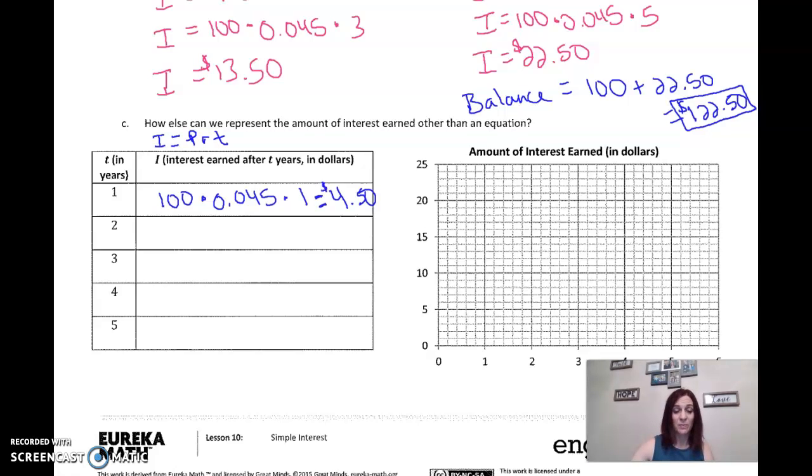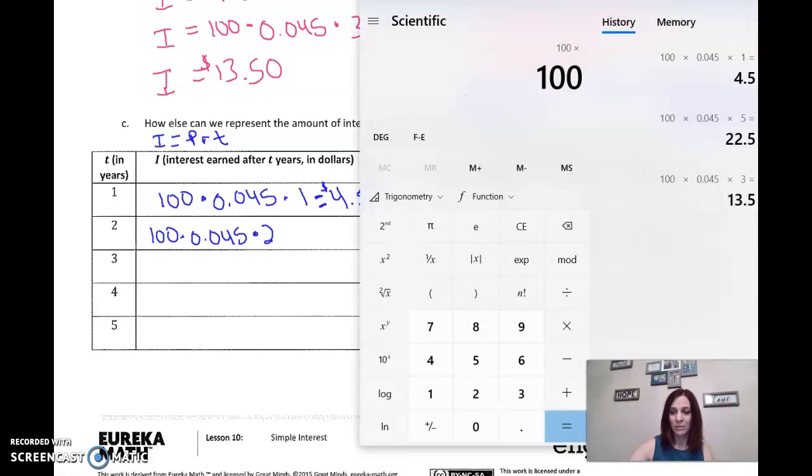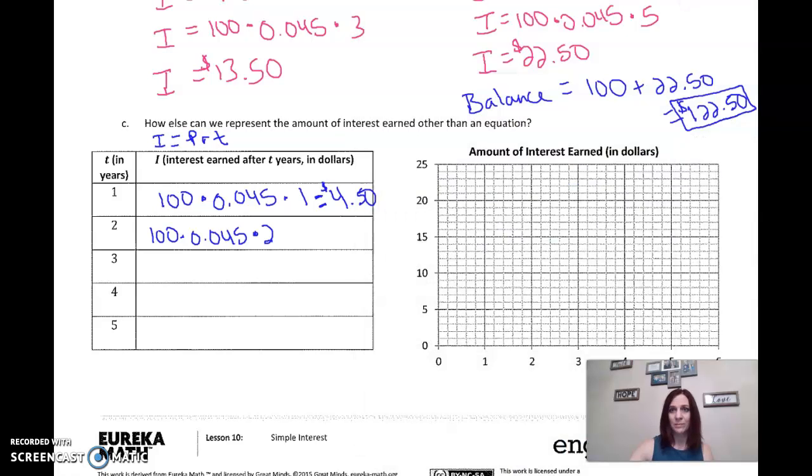So after 2 years, well, that's 100 times 0.045 times 2. 9. So after 2 years, he's earned $9. And so 3 years, we already got this, right? We did 3 years up here.